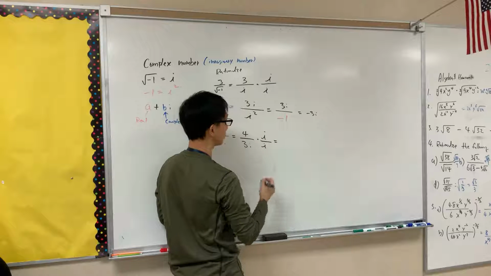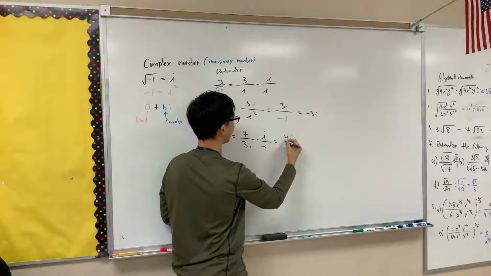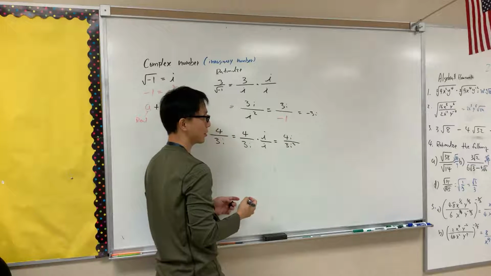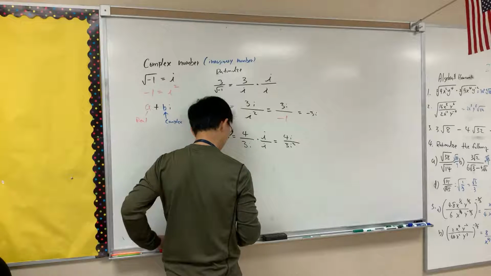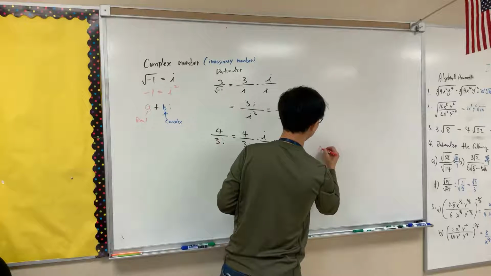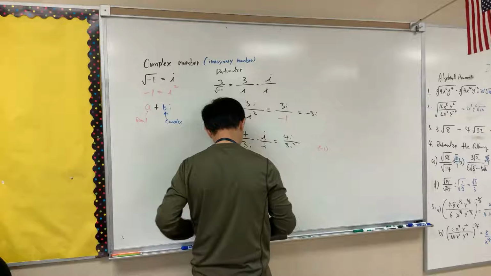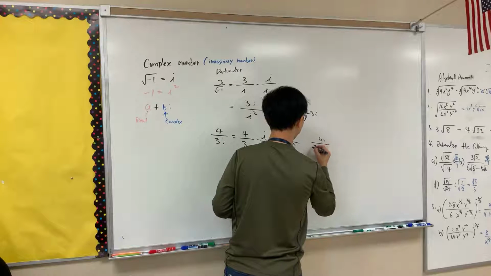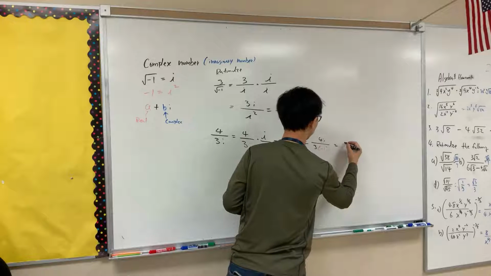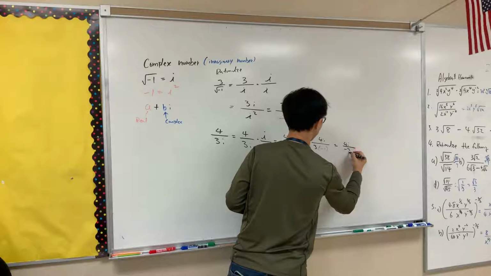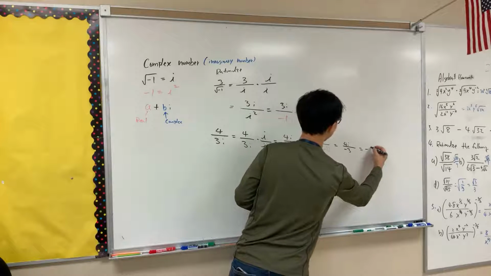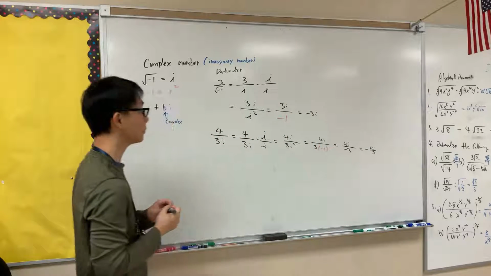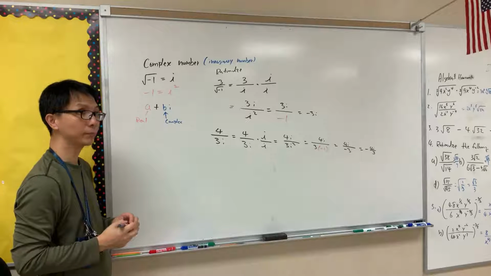That's good enough. So what is 4i over 3i squared? A lot of people want to cancel this. Don't cancel it. This one's a -1, right? And that's equal to 4i over -3, or -4i over 3. Are we okay? Yes.